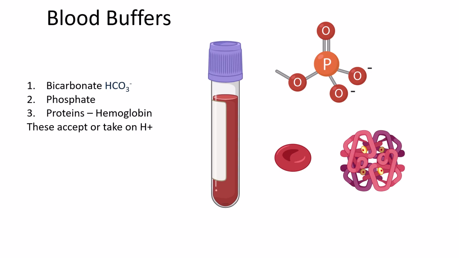There's also a protein buffer system that's concerned with the loading and unloading of oxygen from hemoglobin. I don't know if you remember this, but in internal respiration, hemoglobin dropped off oxygens, but at the same time, it also released hydrogen cations in the process.